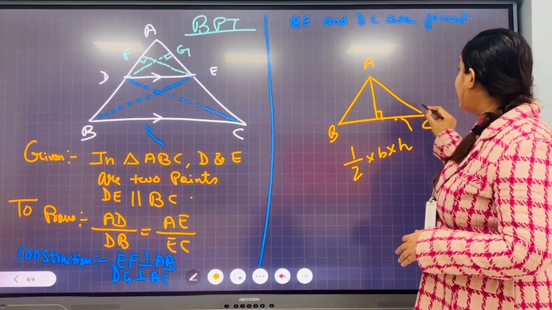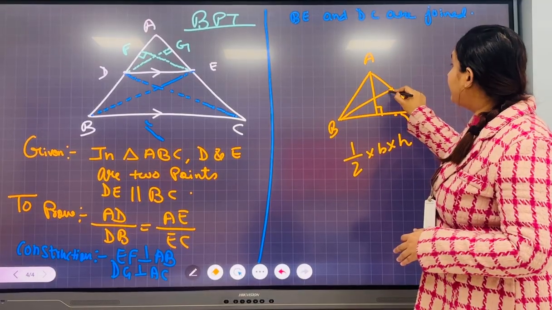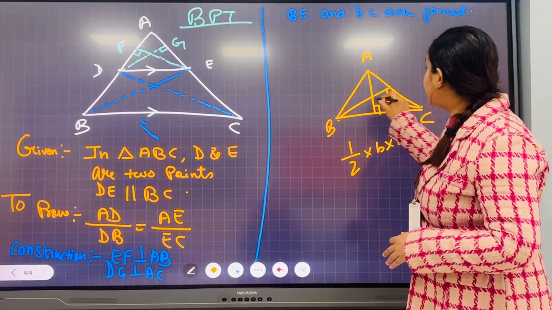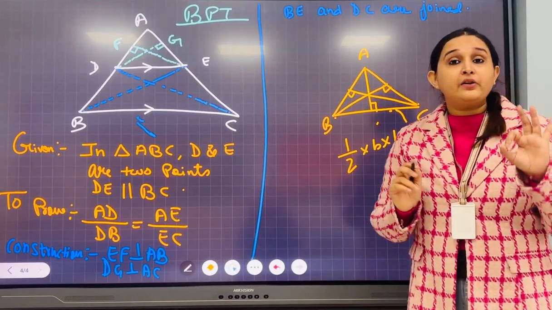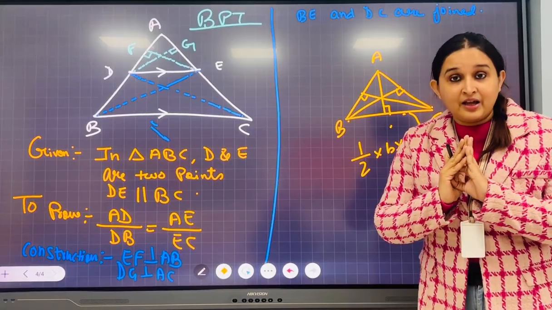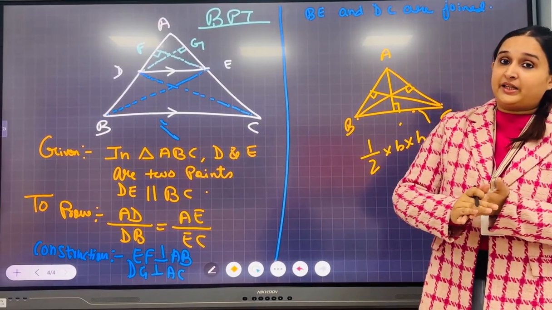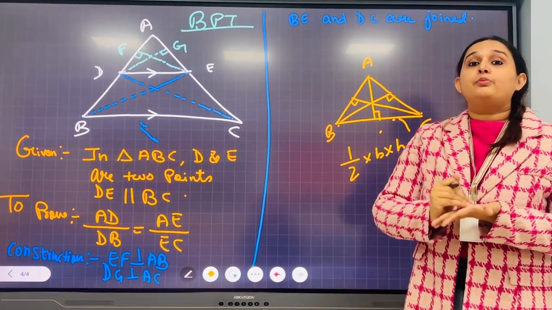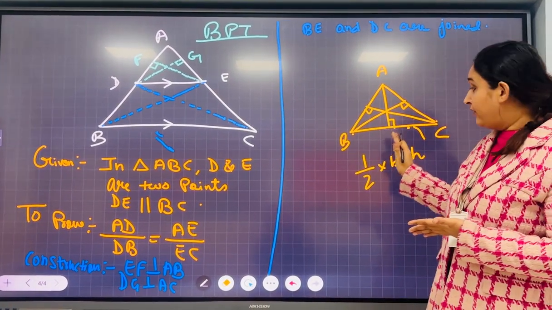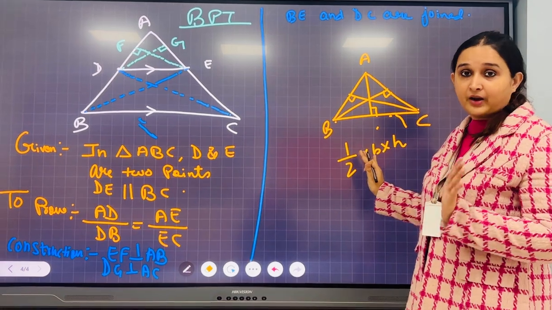If I take AC as the base, then this will be the height, isn't it? And if I take AB as the base, this will be the height. So there are 3 ways to calculate the area of a triangle because it has 3 bases. Depending on which base I am taking, on that particular base only the height will fall, and that height we take for calculating the area, right?